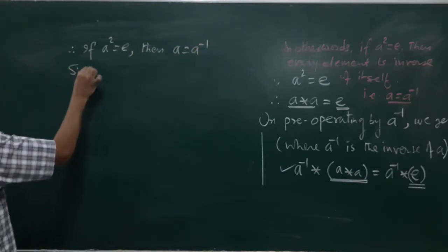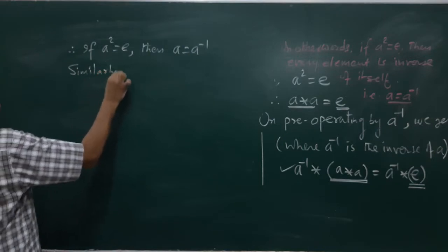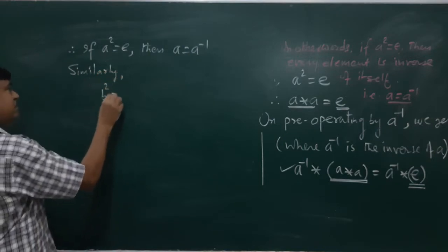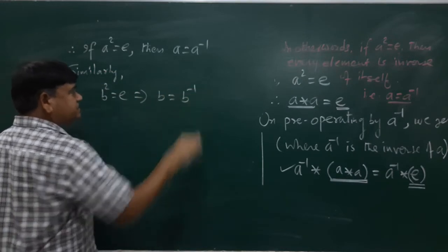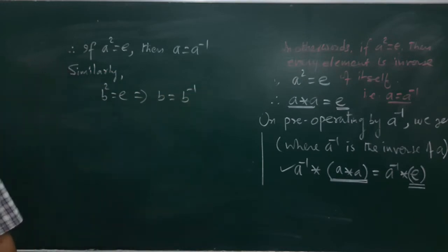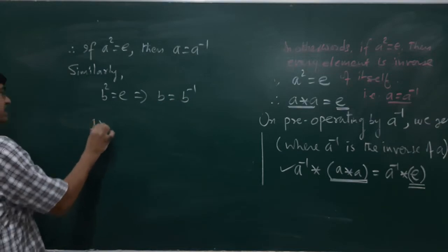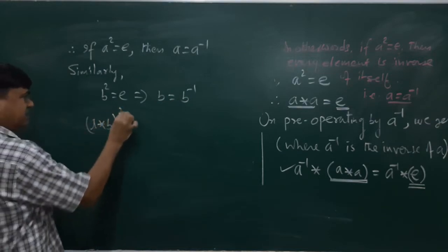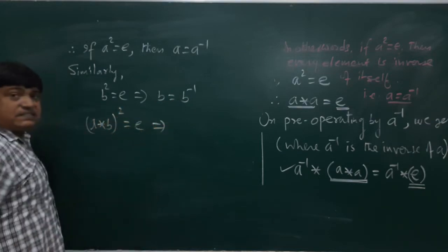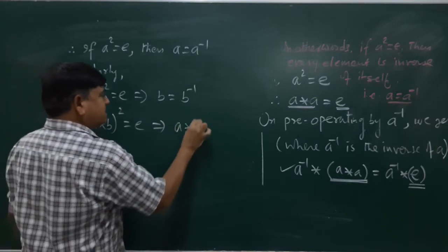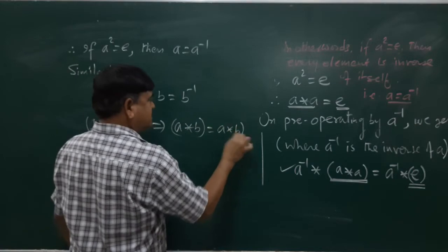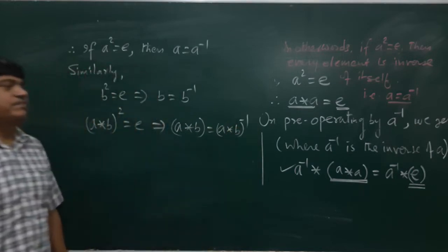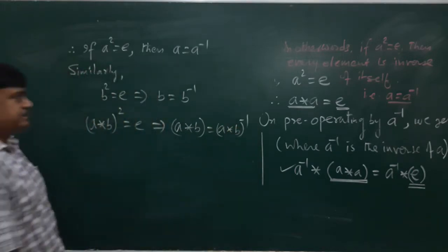Similarly, b square equals e implies b equals b inverse, etc.